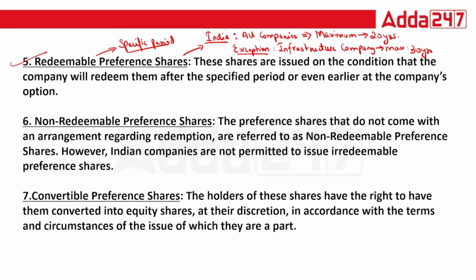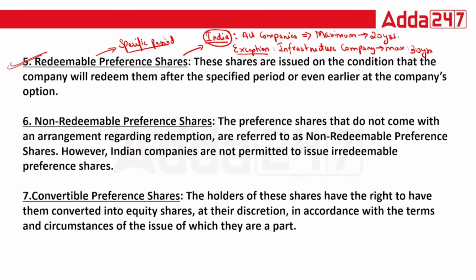So remember, in India, when you are issuing preference shares, you can always issue them with some specific maturity, like 5 years, 10 years, 15 years. But the exception is if you are an infrastructure company, you can issue for a maximum of 30 years. So that is redeemable preference shares.